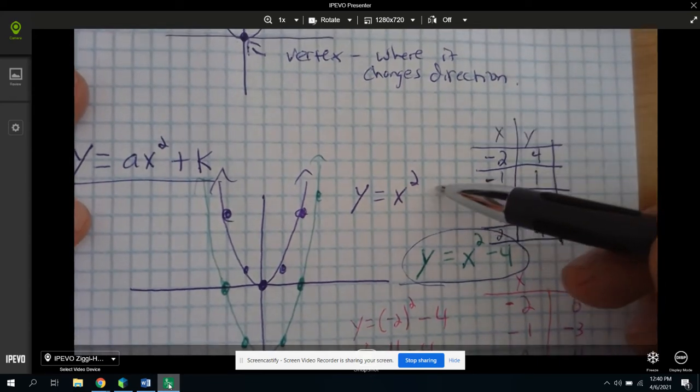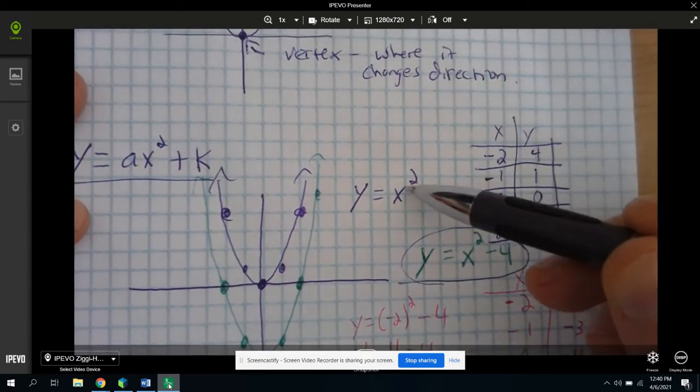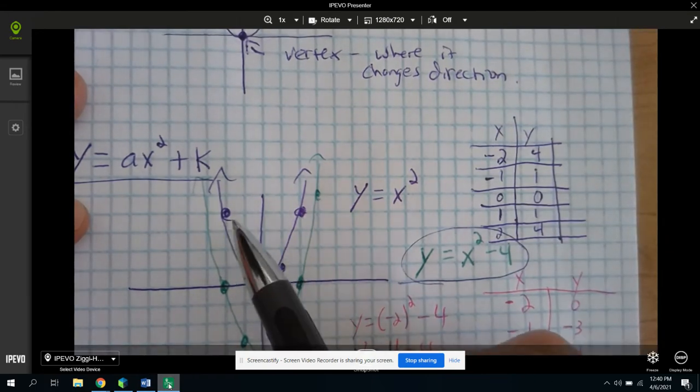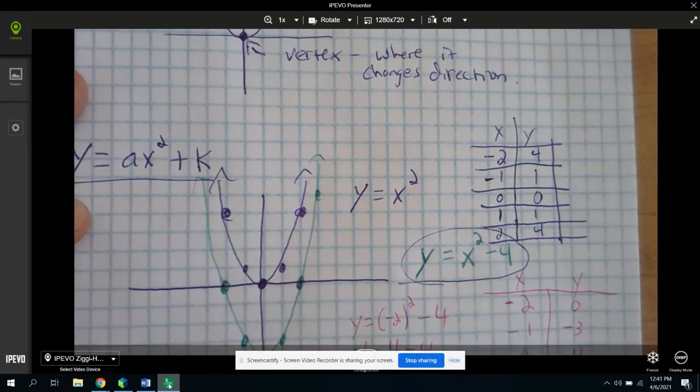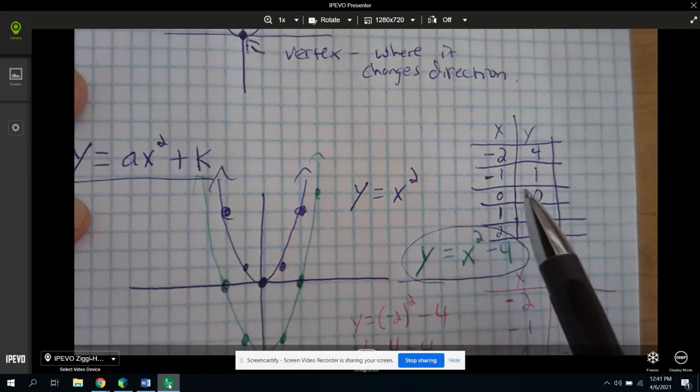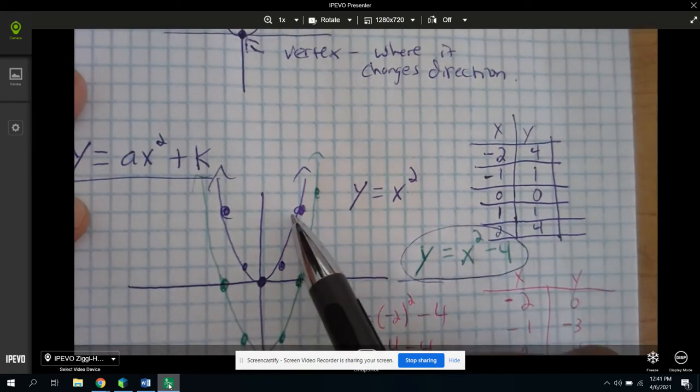If I plug in -2, -1, 0, 1, and 2 into here, I get 4, 1, 0, 1, 4. Over -2, up 4, over -1, up 1, 0, 0, over 1, up 1, and over 2, up 4.